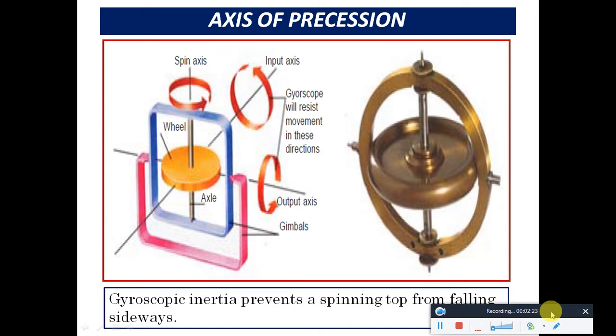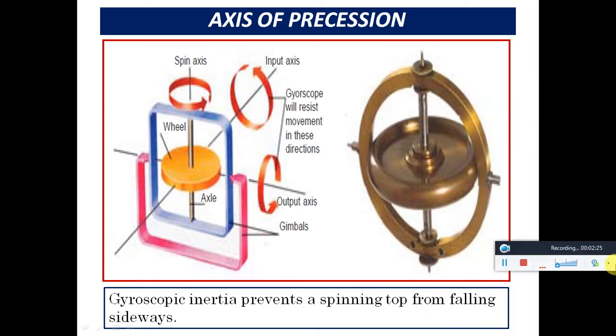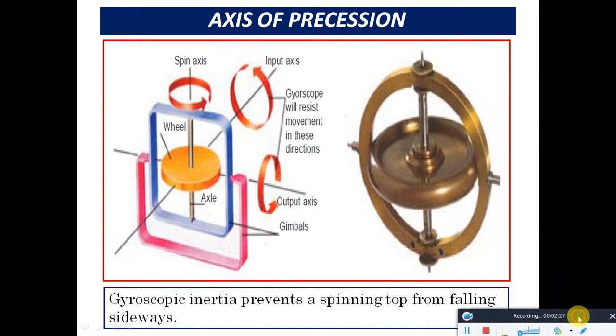And coming to the preliminary part of the gyroscopic couple or gyroscope, we need to know about various axes. This is a simple instrument with which we can define the various axes.